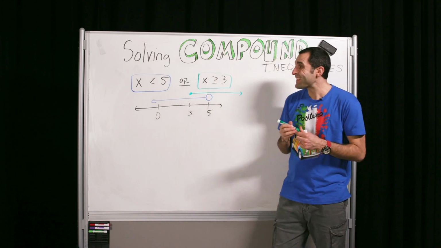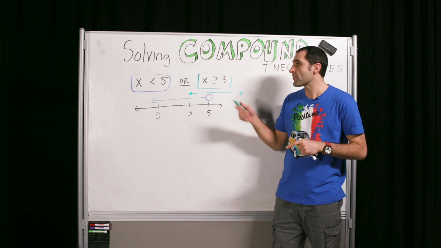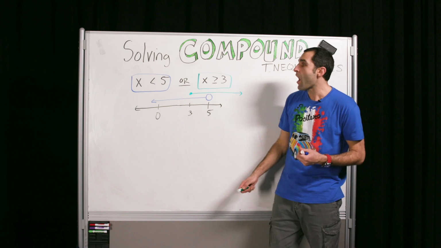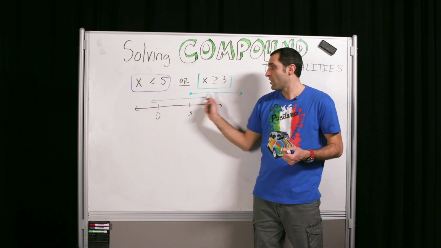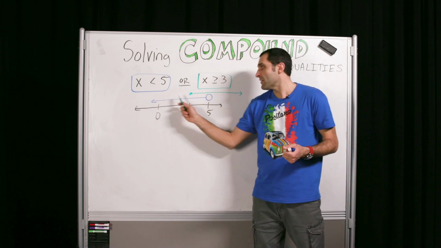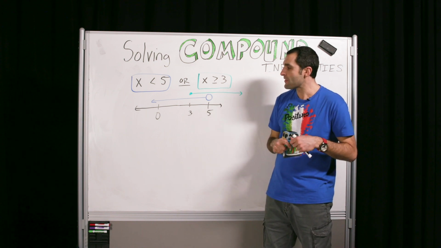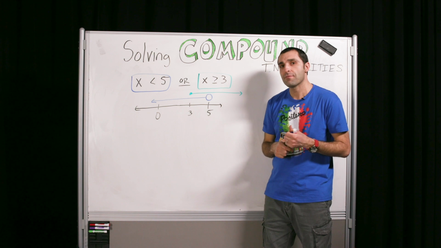What numbers are less than 5 or greater than or equal to 3? In other words, it asks what numbers are blue or green or both? Can you think of a number that's blue or green or both?